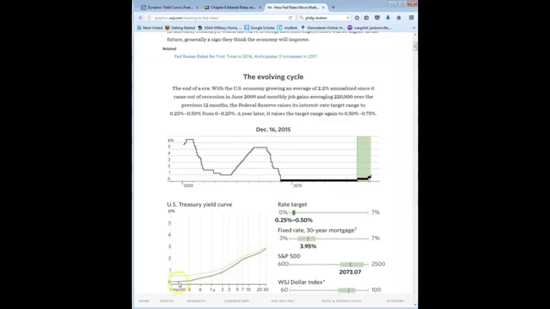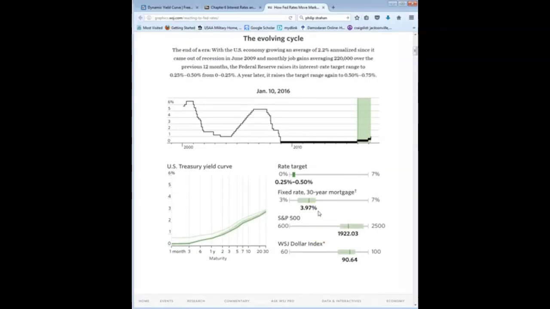So we have short-term rates very, very low, 0 in fact, and our 30-year rates right around 3%. And back then, on December 16th of 2015, our rate target was 25 to 50 basis points. And after this announcement, going from 0 to 25 basis points, we saw that the 30-year mortgage was about 3.95%.